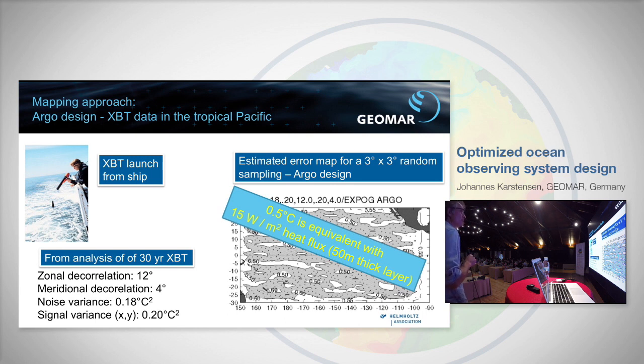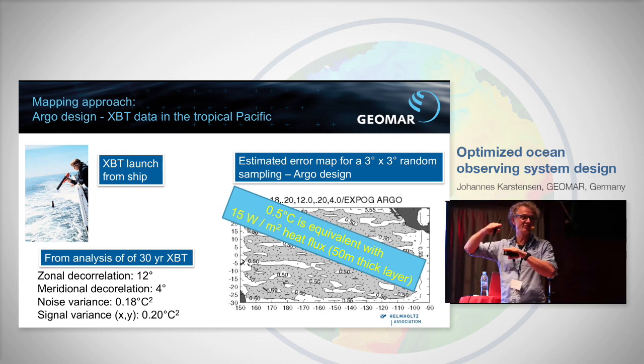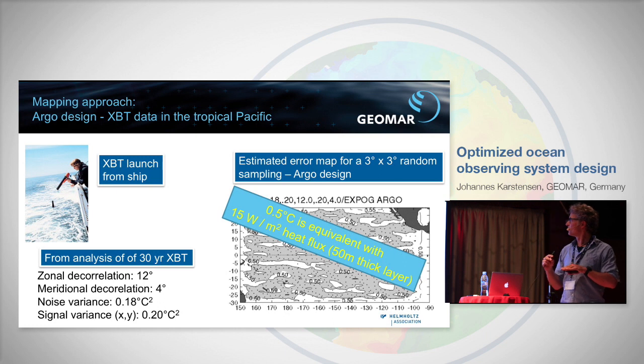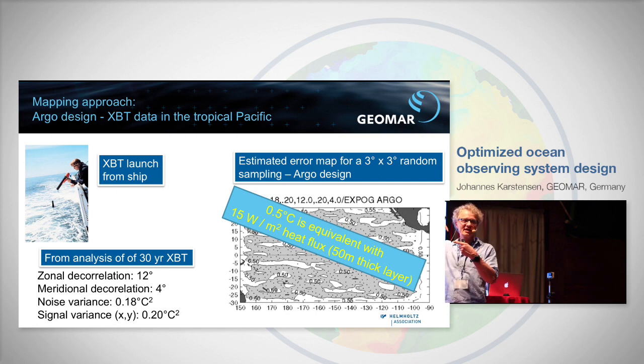So the conclusion is, if I integrate a 0.5 degree error over a 50-meter thick layer, I end up with an equivalent heat flux of 15 watts per square meter.